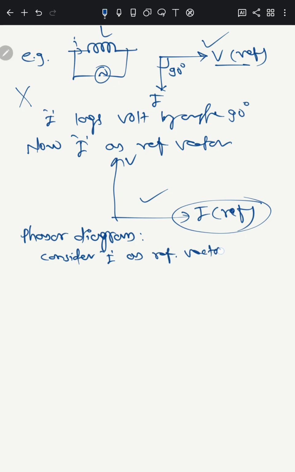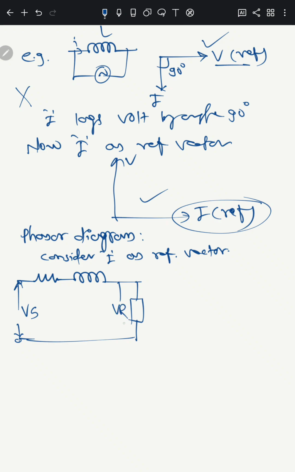Again I will draw the circuit for understanding purposes: this is R, XL, load, sending end voltage, receiving end voltage, and current I.